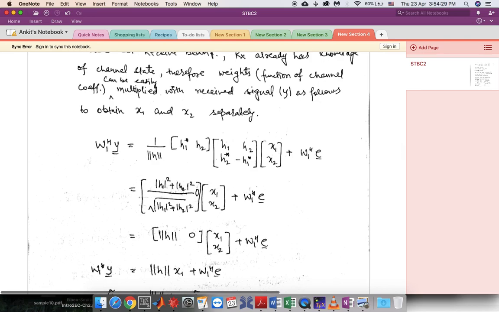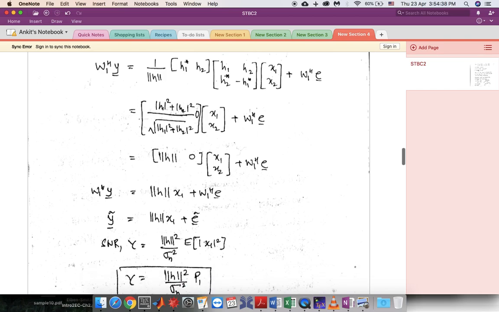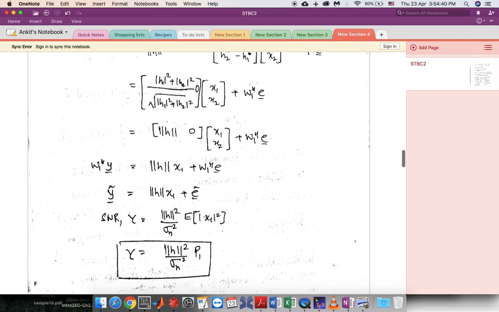This w1 Hermitian is also going to be multiplied with the noise term. So after this manipulation, by multiplying w1 Hermitian, we will get the input-output relation of the first channel, or you can say the first symbol x1, right?